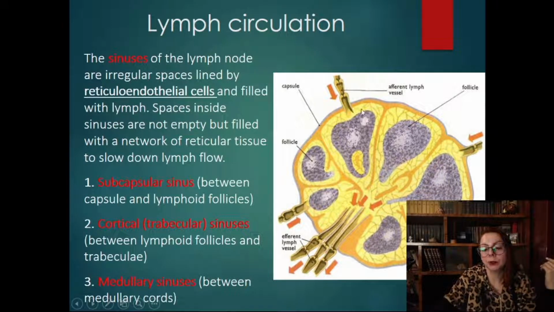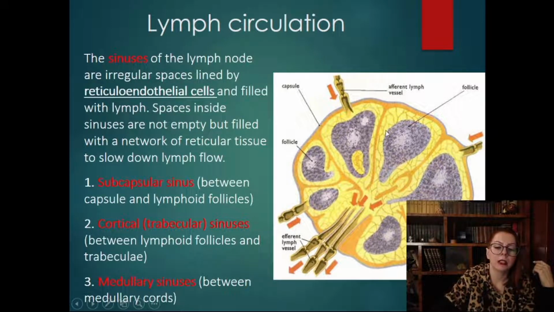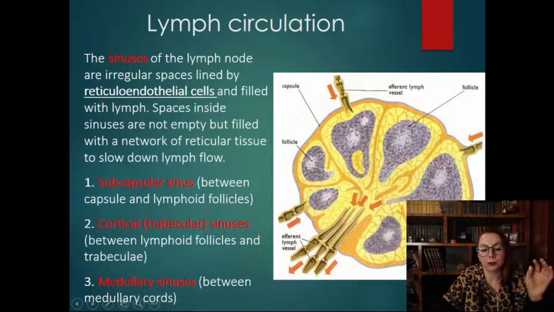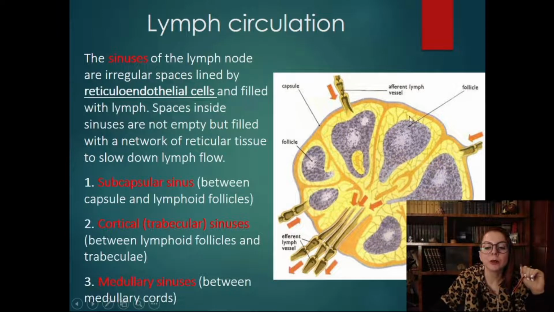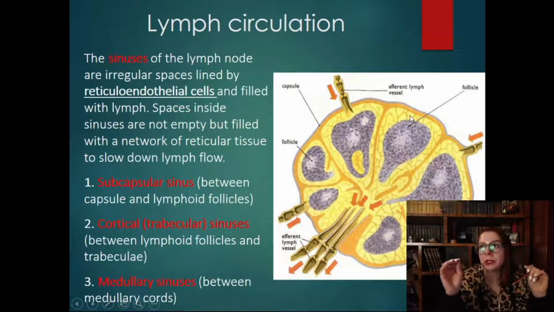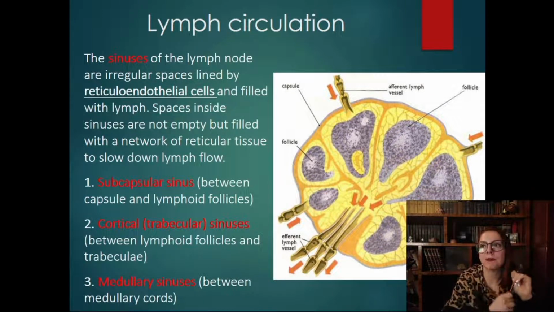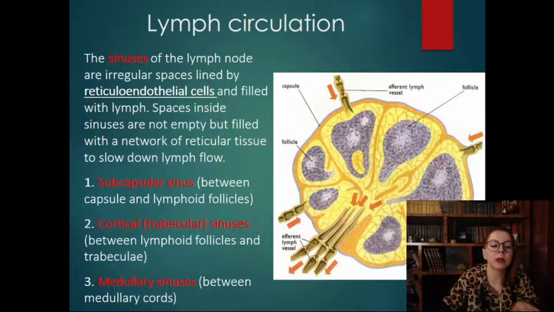So the lymph node receives lymph through afferent lymph vessels, and by percolating through the system of sinuses, it exits the organ through the efferent lymph vessels. Now we have to comprehend one more thing: this system of spaces is not empty, but instead it is filled with a three-dimensional network represented by reticular endothelial cells.